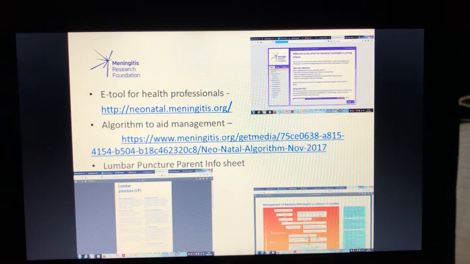And really very helpfully also, on the bottom left, you can see the lumbar puncture parent information sheet, which really could help most professionals when discussing and negotiating the use of lumbar puncture in a parent's child. Because quite often that's a bit of a tricky hurdle that we need to get over, and any help we can get is going to be useful.